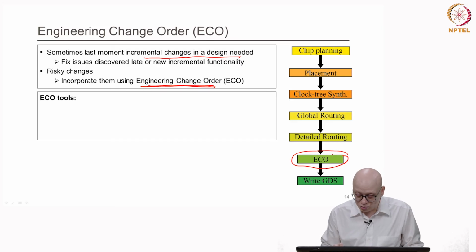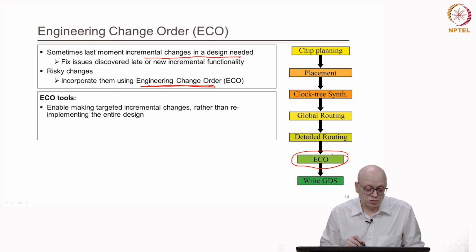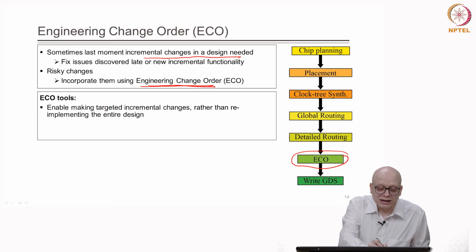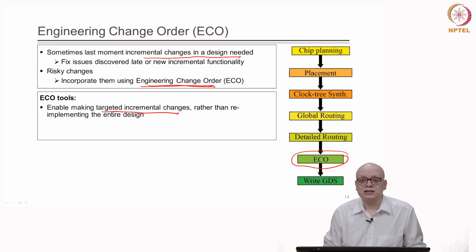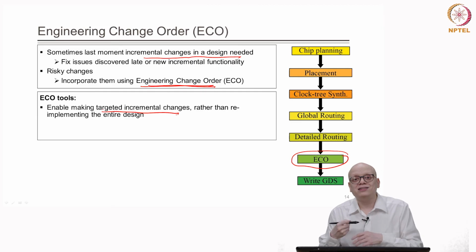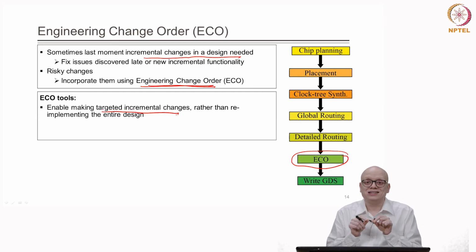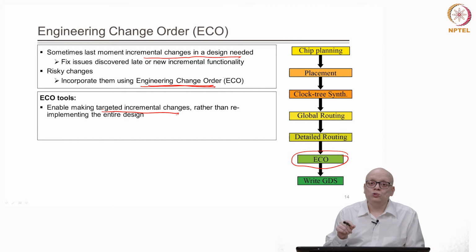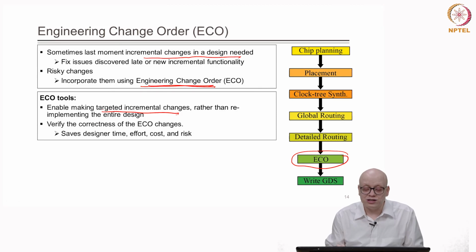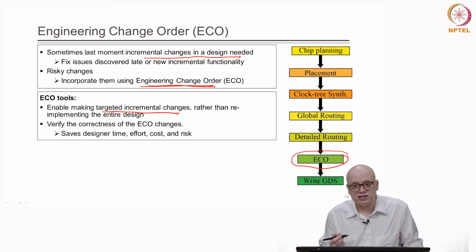Now, what do these tools do? These tools enable making targeted incremental changes rather than re-implementing the design, right. If we want localized changes, then these ECO tools help us make localized changes in our design in a more efficient way.